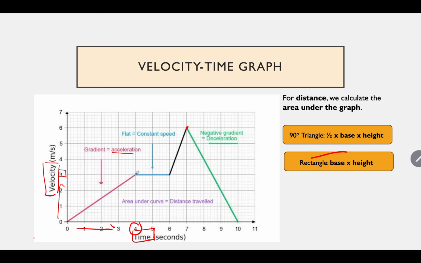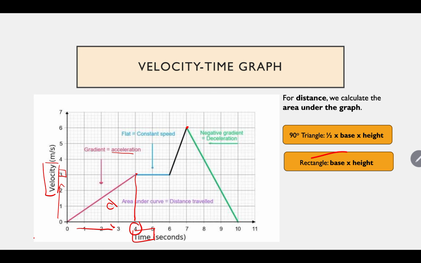Immediately at 4, like we've said before, I'll draw a line with my pencil and the ruler. And I will look at this shape. What shape is this? This is a triangle. So to get the distance traveled in this part, this triangle, I will need to use the law for finding the area of a triangle, which is half times base times height. And this will be my distance.